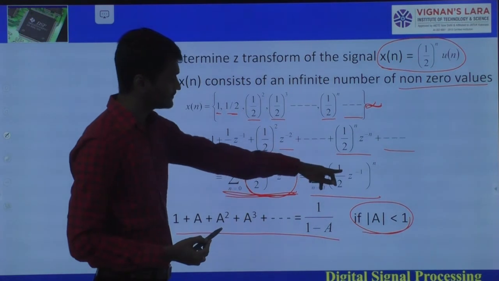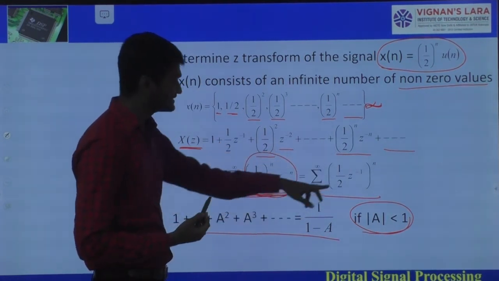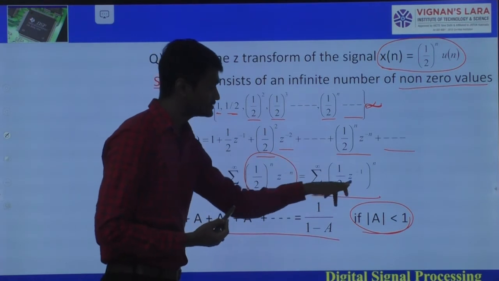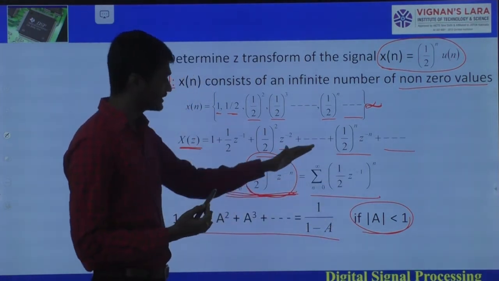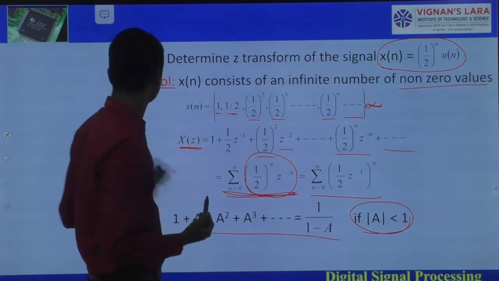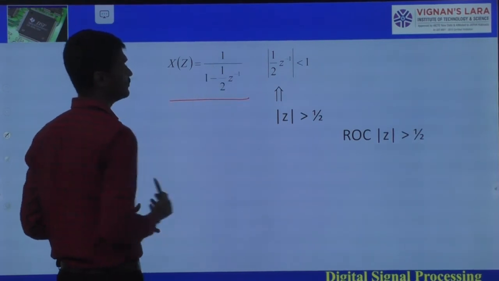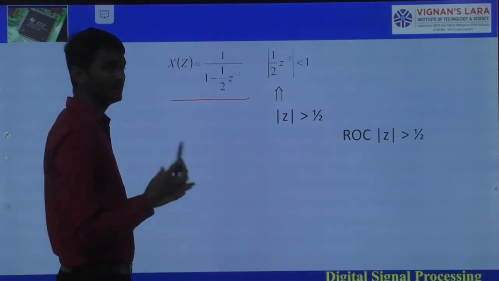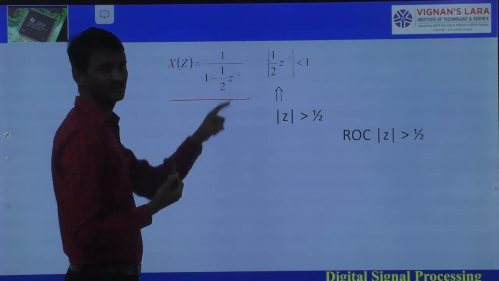So for this also I am representing it like this, by considering that 1 by 2 z power minus 1 should be less than 1. Then only we can write the GP like this. So X of z is equal to 1 by 1 minus a, where a is 1 by 2 z power minus 1, and it should be less than 1.